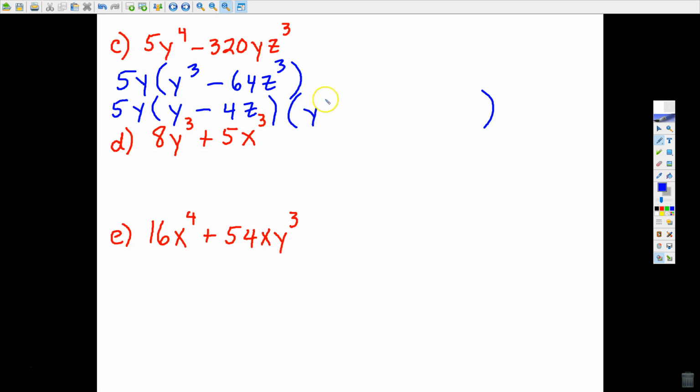Y squared plus, it's okay if you need to look. 4y. Good? Plus 16z squared. Very good. All right, looks like we have done all the factoring that we can do, so that would be my answer for letter C. But the big heads up here is always look for GCF first when factoring.